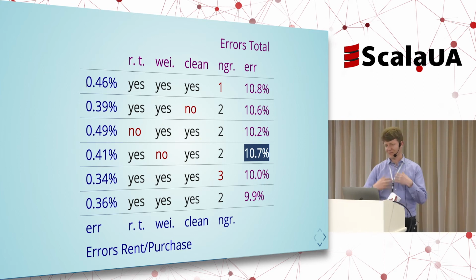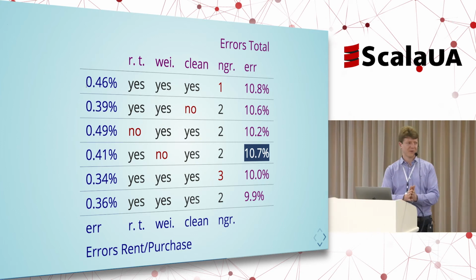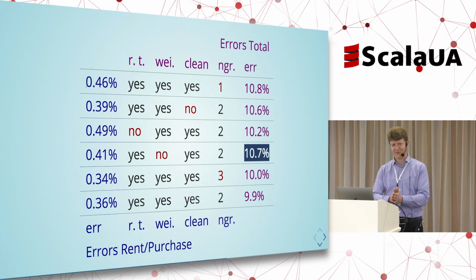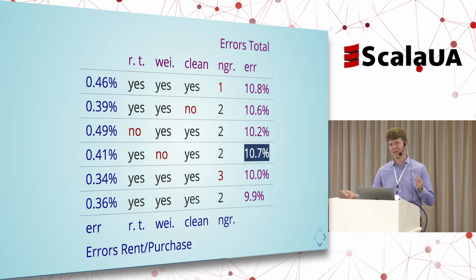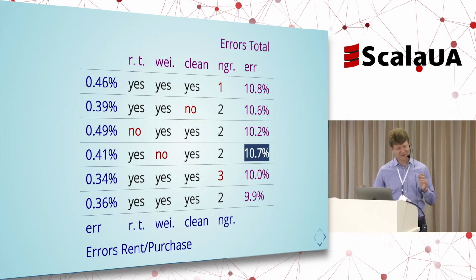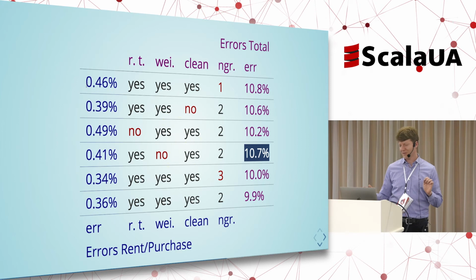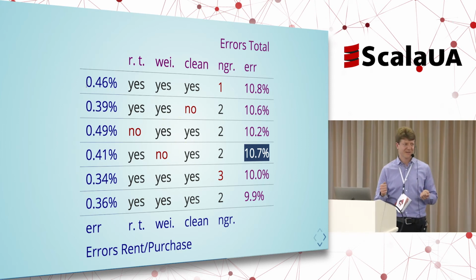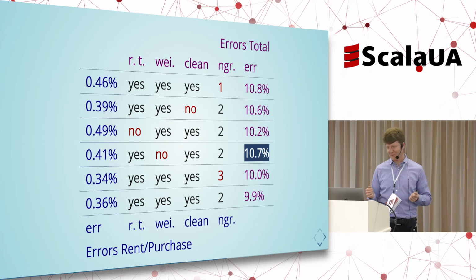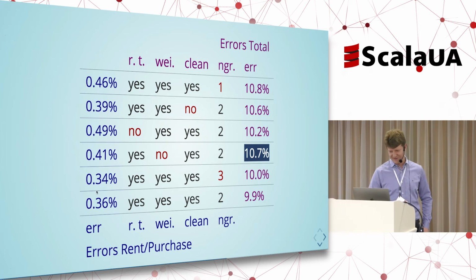Listing category is just whether this listing is rent or purchase. If we get this wrong, this is really bad. If we classify an attic flat as a normal apartment, it might not be ideal, but it's not a big problem. But if a listing that's for rent gets classified as purchase, that's a really bad error. And luckily, the error rate here is quite low.